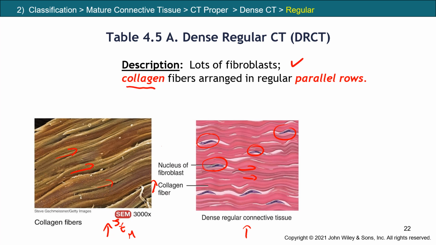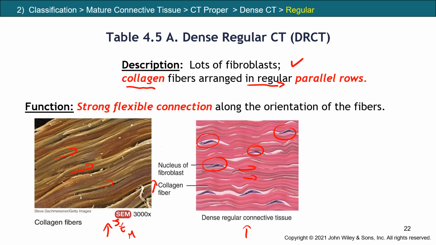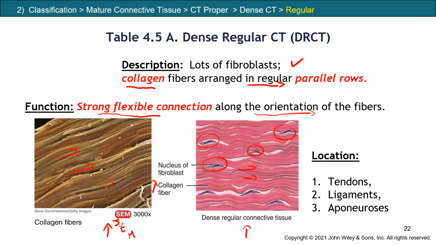As it has lots of fibroblasts, it has a lot of collagen fibers that are arranged in regular parallel rows. And the function is that, as they have so much collagen, you have strong, flexible connections along the orientation of the fibers, and they are located in three main regions.